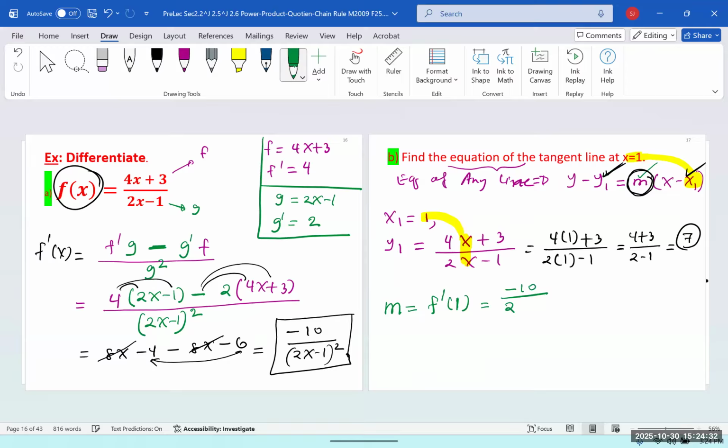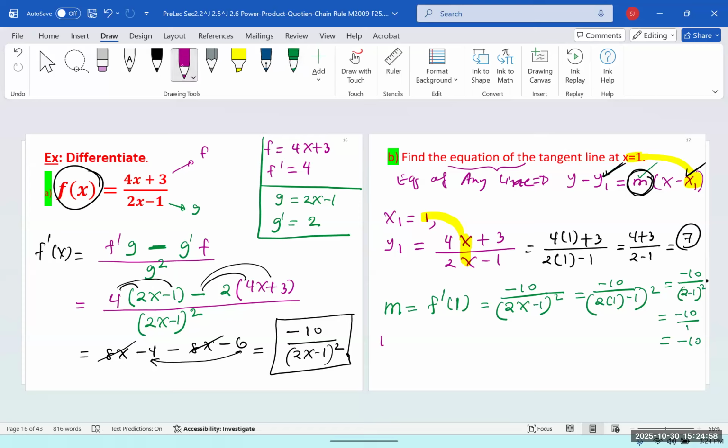Negative 10 over 2 minus 1 squared. And what is 2 minus 1 squared? 1. So negative 10 over 1, which is negative 10.